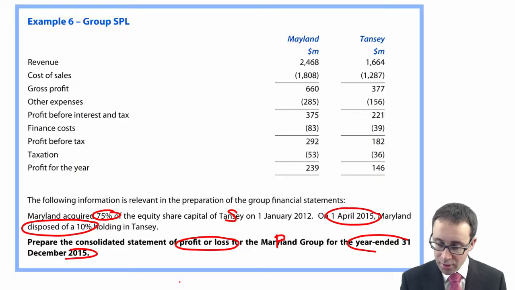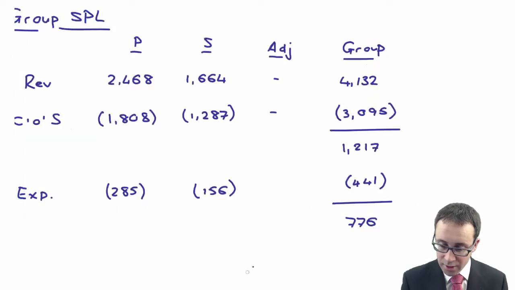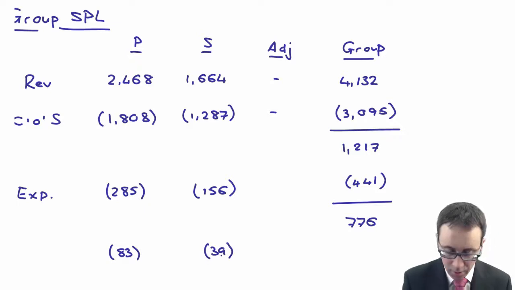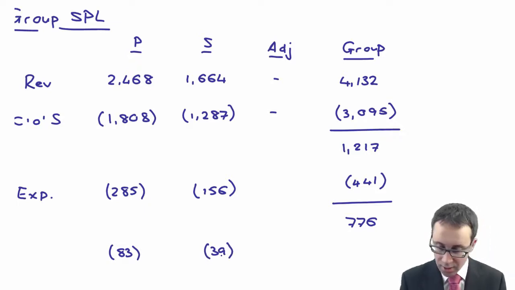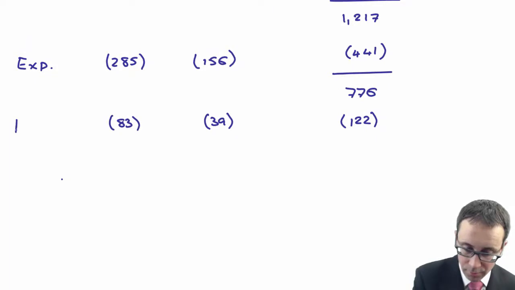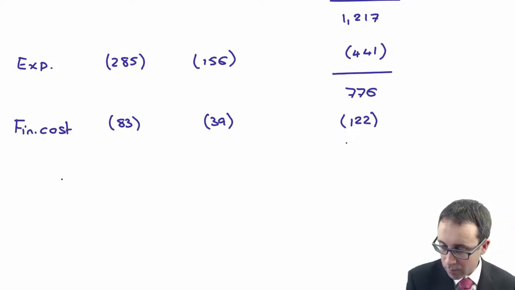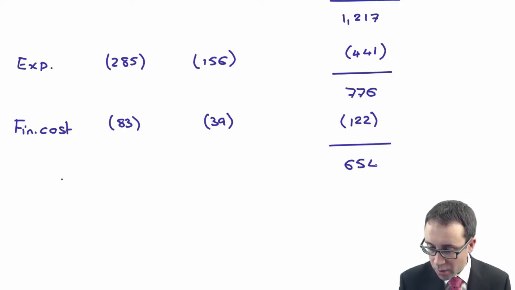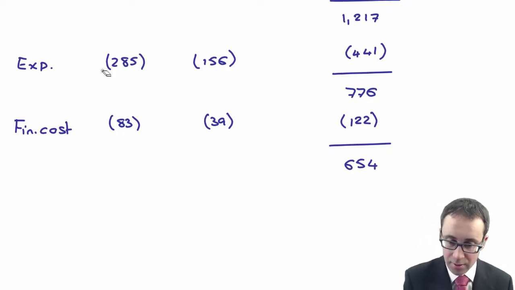Finance costs 83 and 39. 83 plus 39, does that give me 122? Does that give me 654 as my PBT?